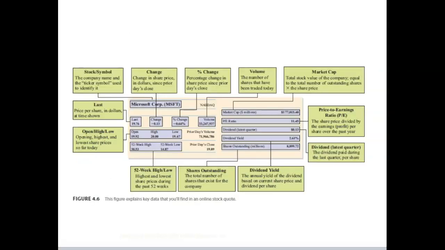So this is an example of a stock ticker. I really don't need you to memorize what a stock ticker looks like and what everything means. I'm going to give you this diagram. I'm happy if you just use this diagram on the test to answer any questions about a stock ticker that I put there. Again, investing, you have tools, you should use those tools.